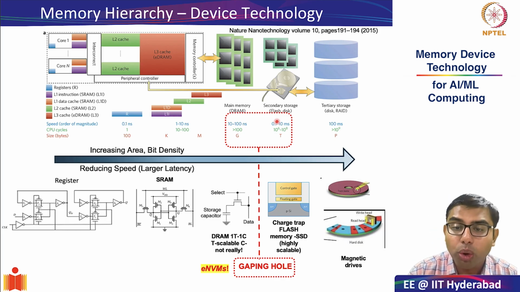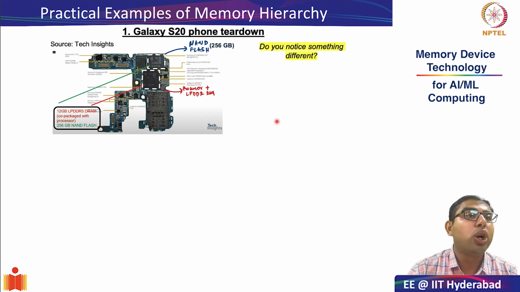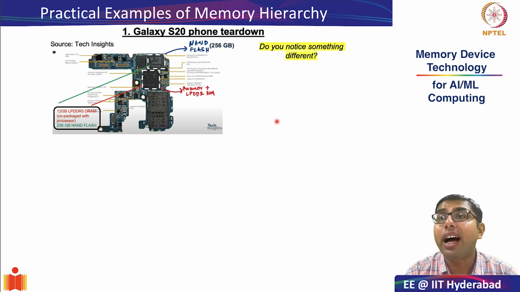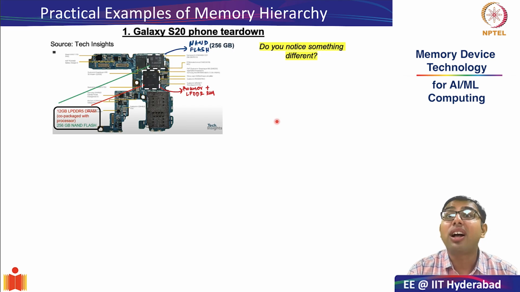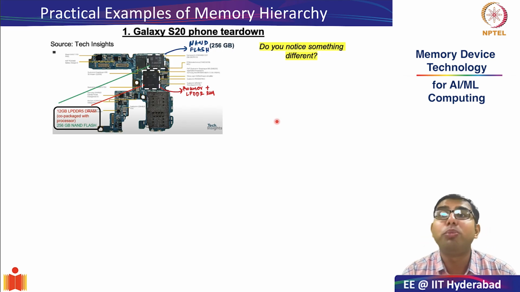Okay. So with this, let us move forward and look at two practical examples of how the memory hierarchy is being implemented in consumer electronics, not just normal consumer electronics, but two specific examples of high-end consumer electronics.